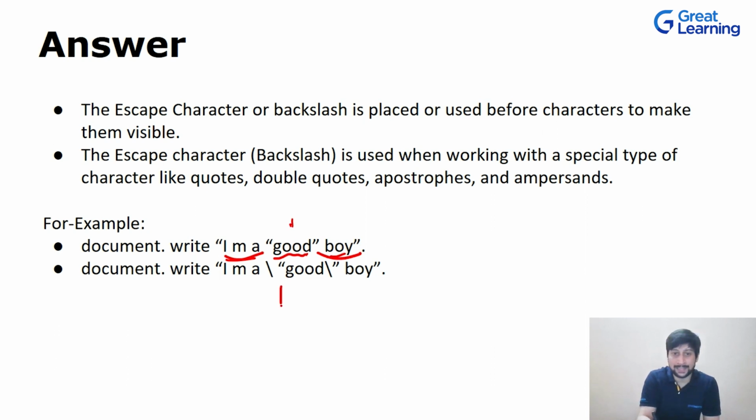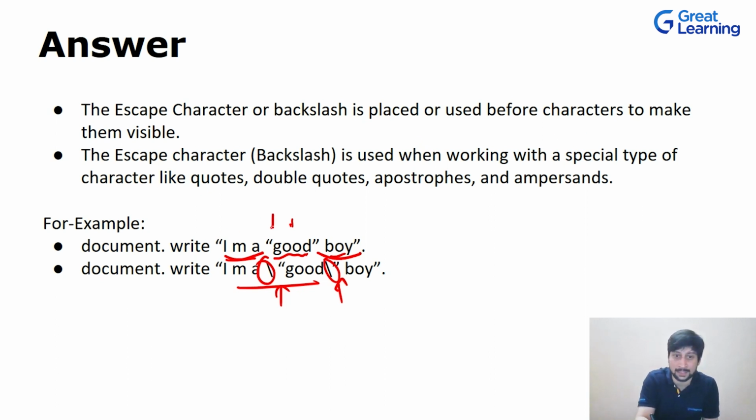So in order to get these quotes or any escape characters, any special characters, you need to have these backslashes, okay? So then they will be treated as part of this string, okay? So escape character or backslash is used before the characters to make them visible.